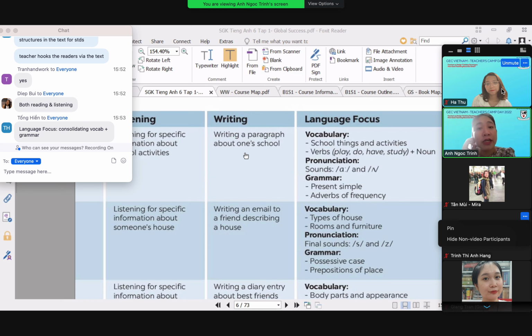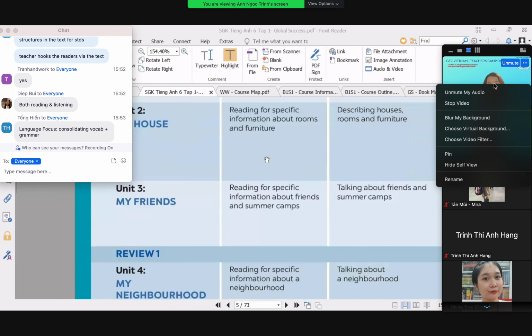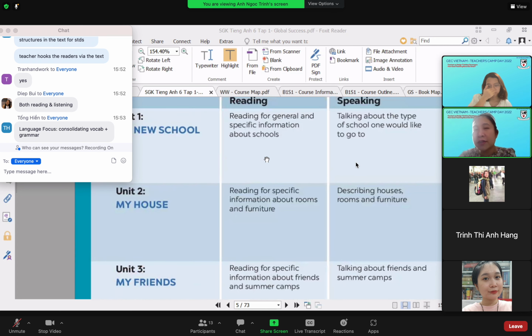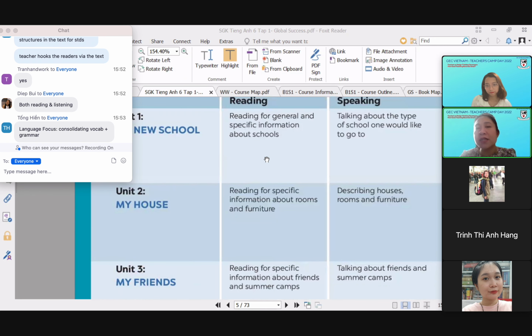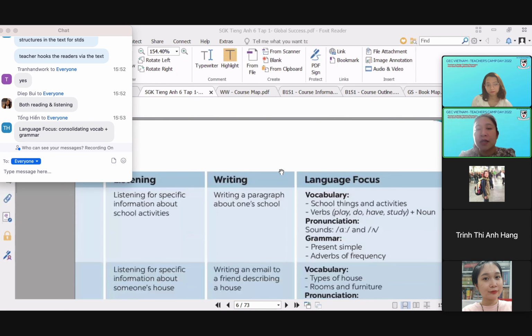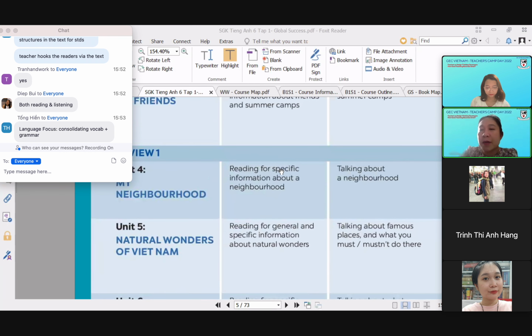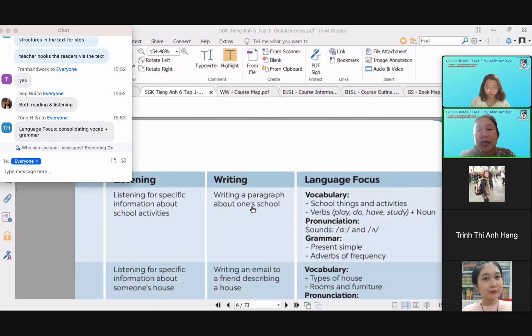And actually, this is, I think not really typical, but a little demonstration for task-based learning. This syllabus demonstrates, not so strongly, a little about task-based learning.